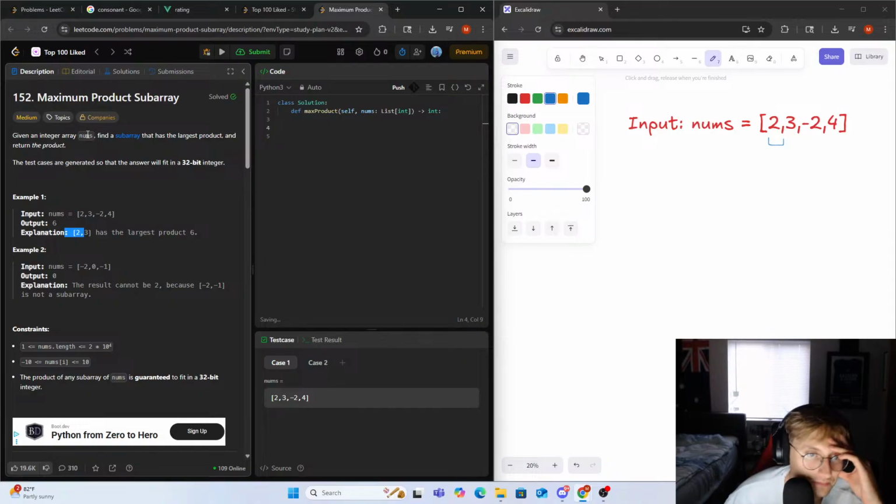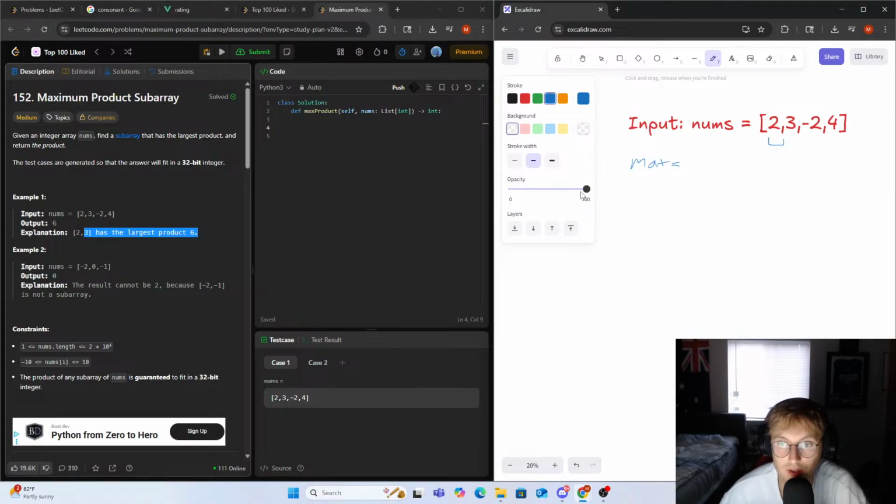Okay, let me lock in a little bit. 2, 3 has the largest product, 6. So what are we gonna need here? We probably want some sort of max variable, max being the largest we've seen so far.